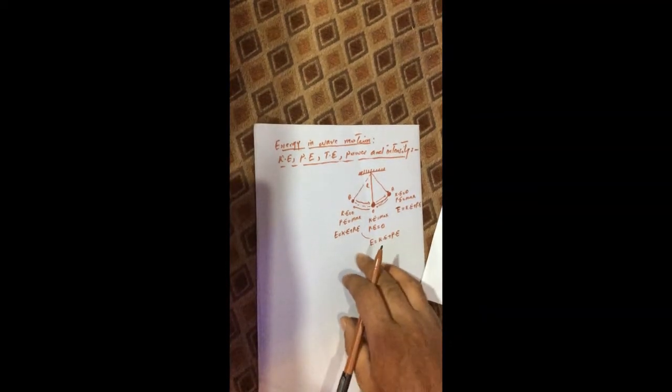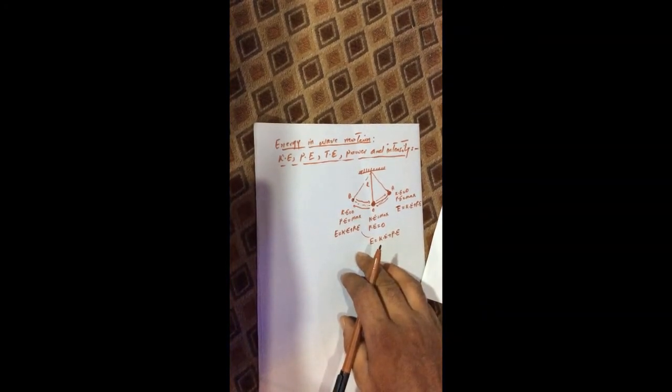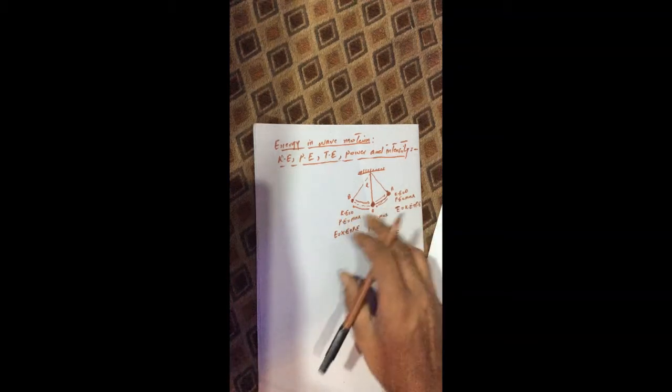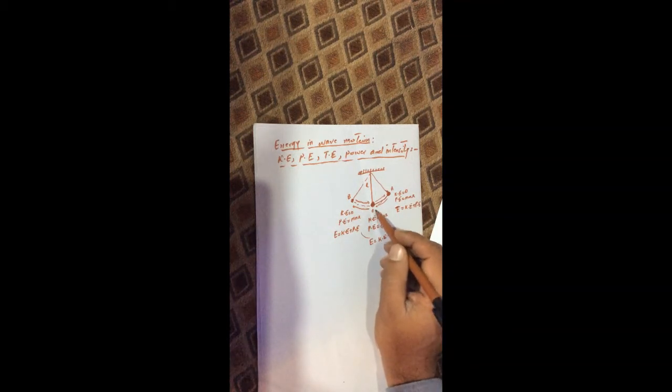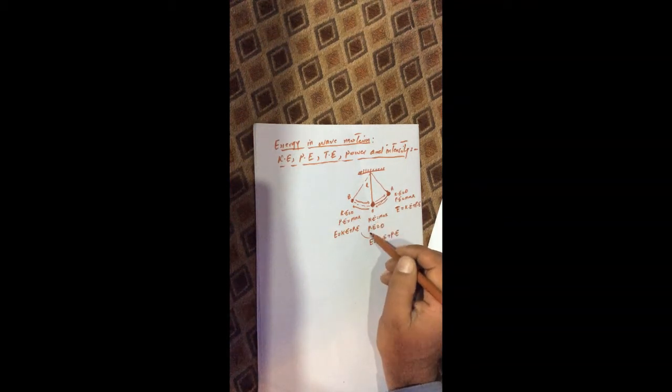So the total energy of this pendulum, this mass, is always constant, while its kinetic energy and potential energy change from position to position. At point A, if kinetic energy is minimum, potential energy is maximum. At point O, kinetic energy becomes maximum, potential energy becomes minimum, 0, while total energy remains constant.